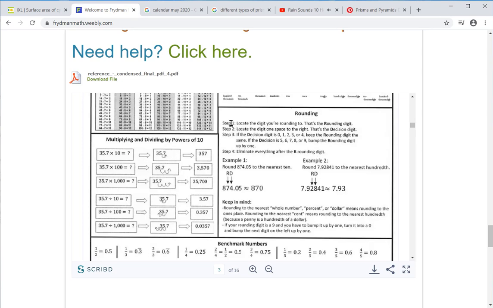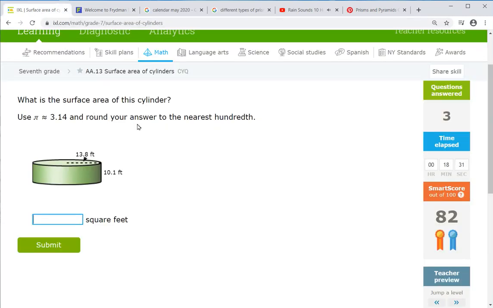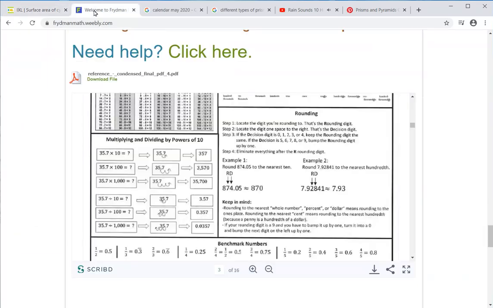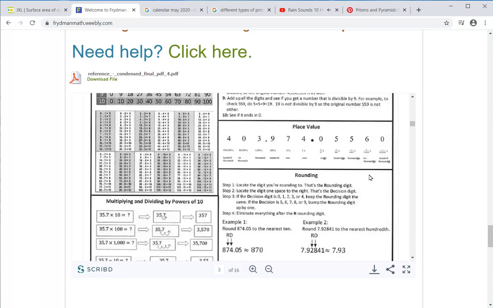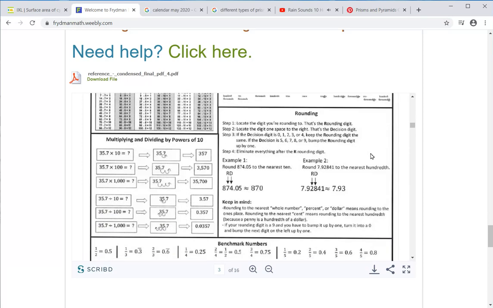So if we are rounding, step 1, we're going to locate the digit we're rounding to. In our case, the digit that we are rounding to is the digit that's in the hundredths place. Let's remind ourselves where the hundredths place is. Here's the hundredths place right over here. That is 2 decimal places after the decimal point. So step 1 is to locate the digit that we're rounding to.